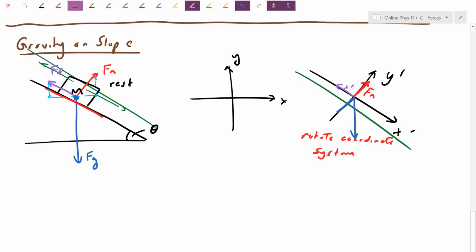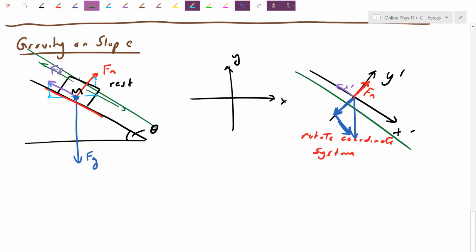I need to find out how much of it is in the y prime direction, how much of it is in the x prime direction. Right? So out of the three arrows, by rotating my coordinate system, I put two of them in my new system, and my FG, which used to be fine, is actually my new diagonal. So be careful how you deal with this triangle here.